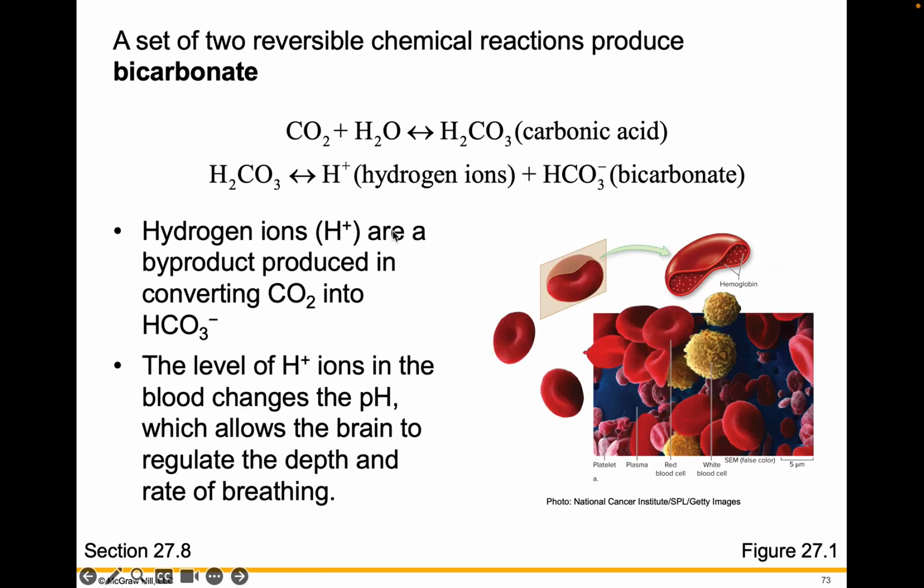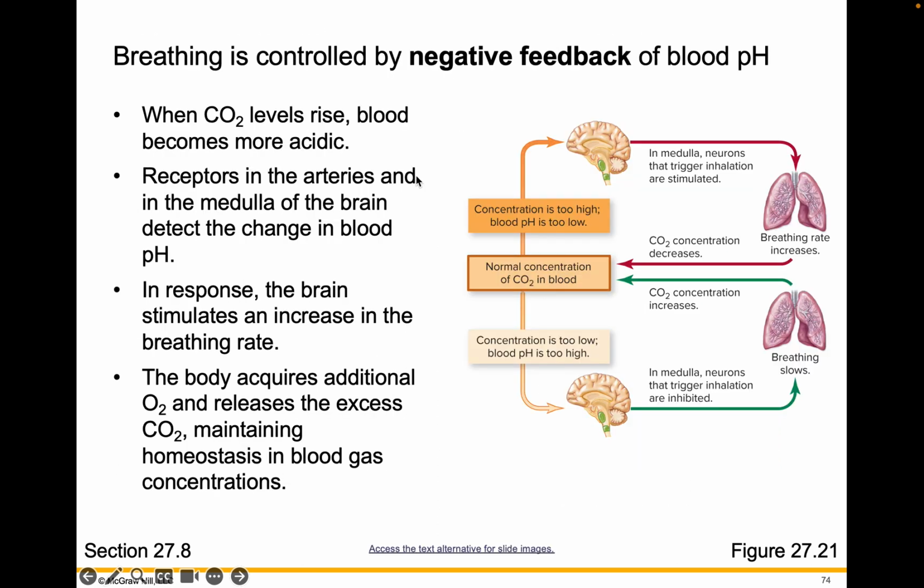So as activity goes up and more CO2 is produced, we would have more of these two reactions occurring, causing an increase in the number of H+ ions, which makes the blood more acidic. And that would cue the brain that we need to breathe at a faster rate to reduce this load.